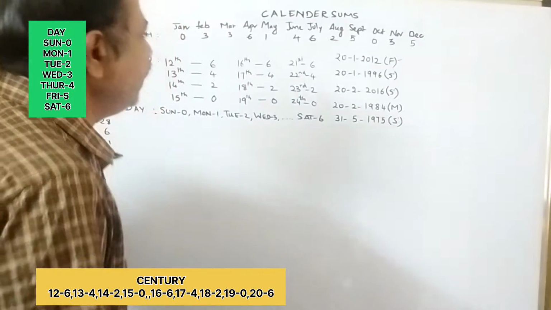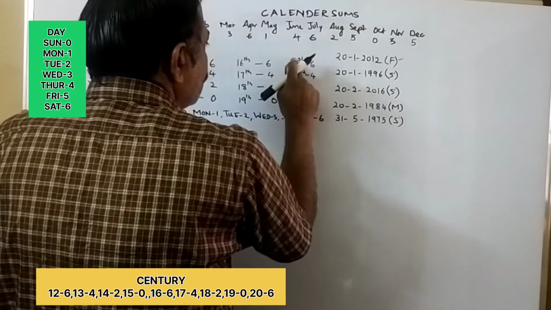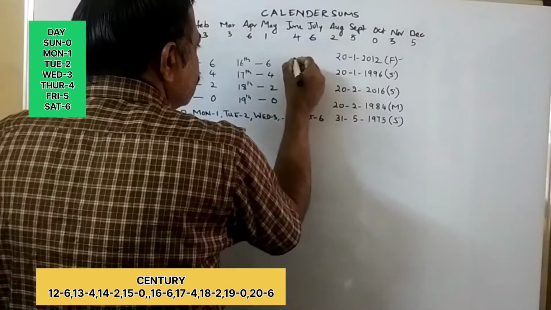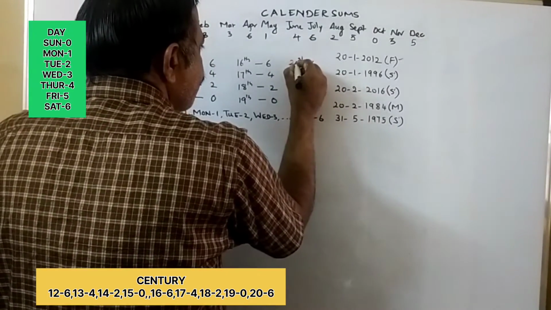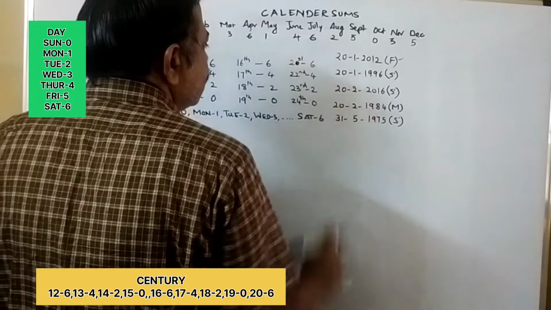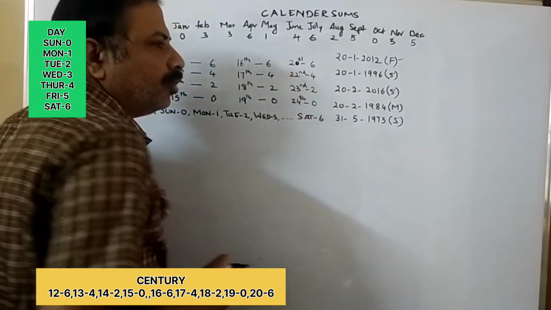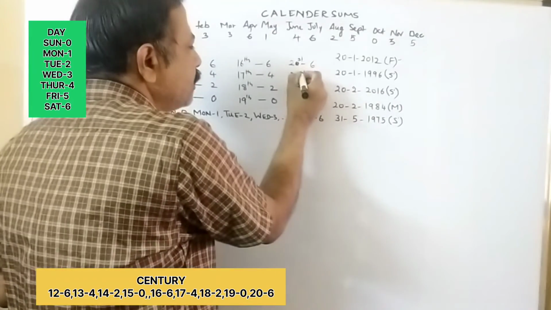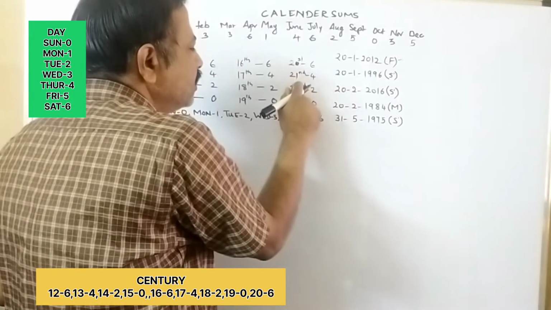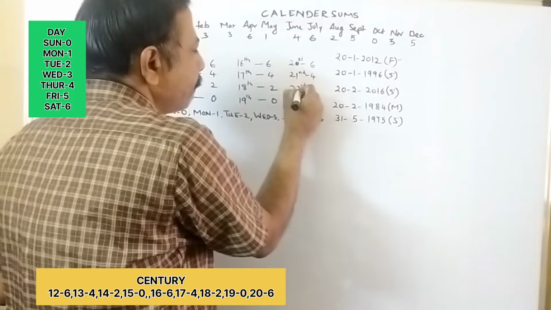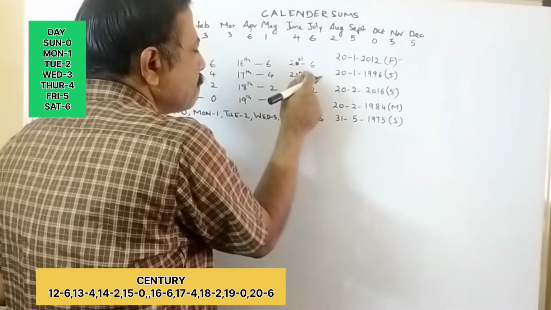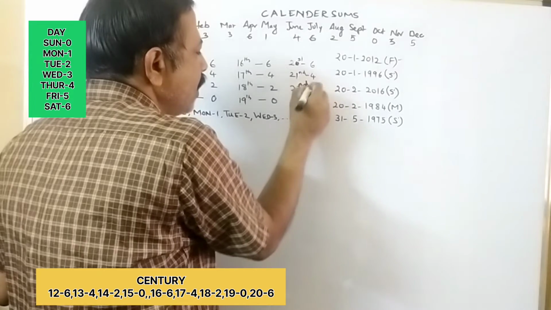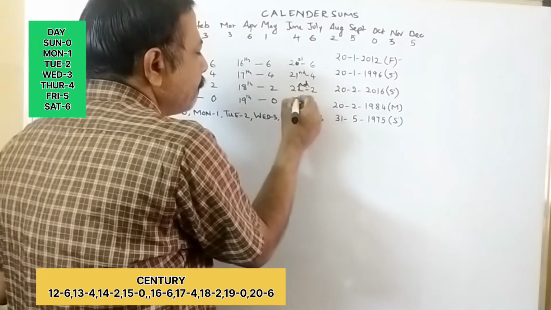Then the 20th century is 2000 to 2099, the 21st is 2100 to 2199, the 22nd, the 23rd.